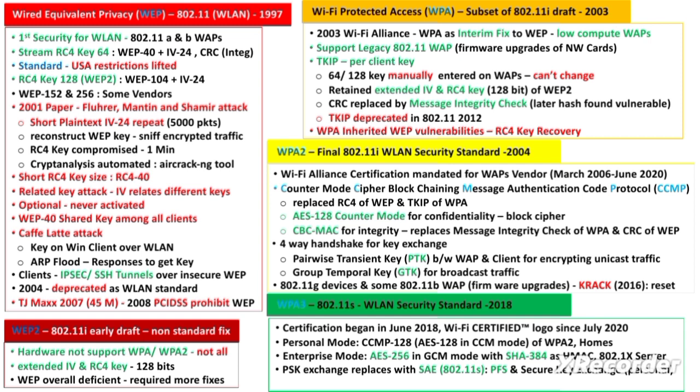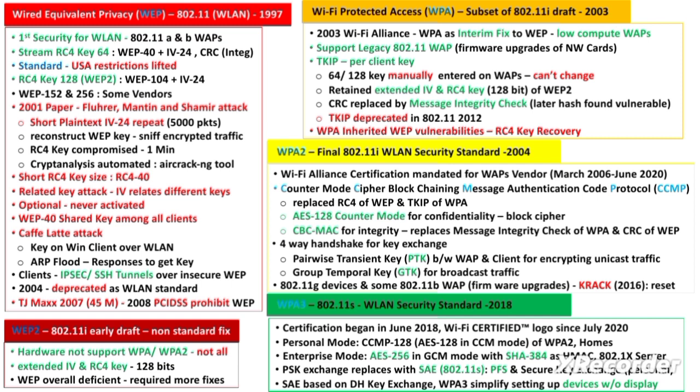So no historical data or no future data or traffic is compromised. Now, simultaneous authentication of equals is based upon Diffie-Hellman key exchange. Actually, it is a variant of Diffie-Hellman key exchange.